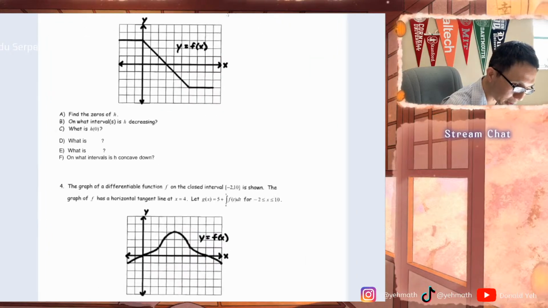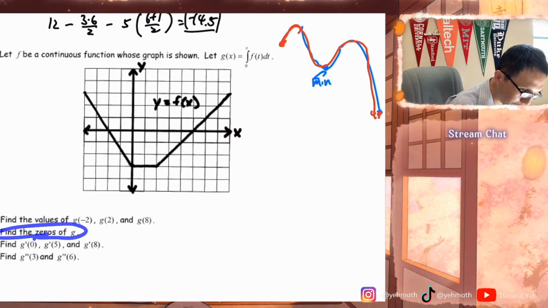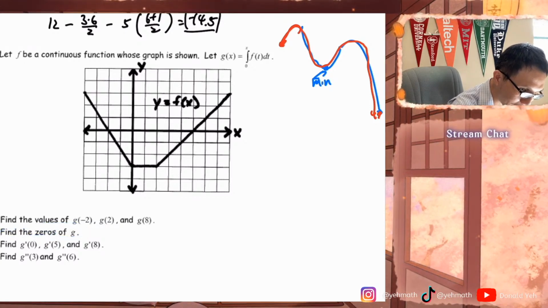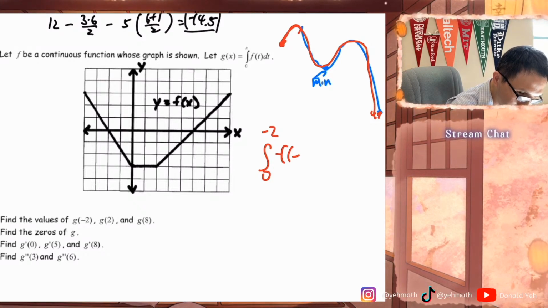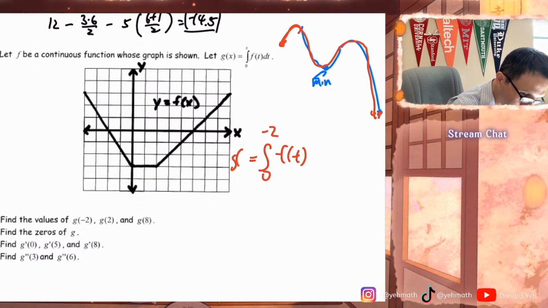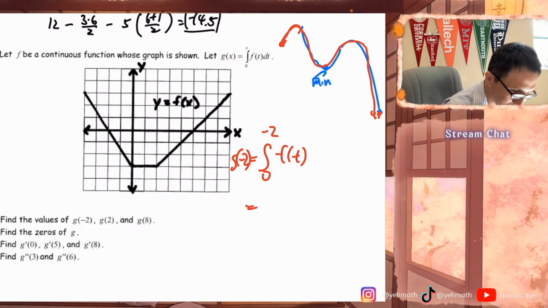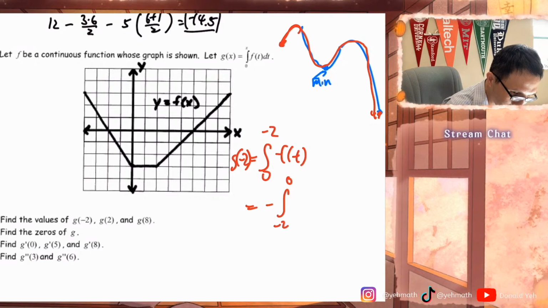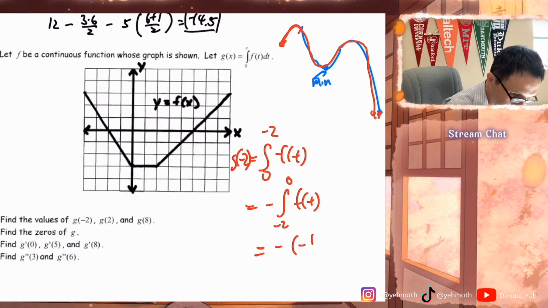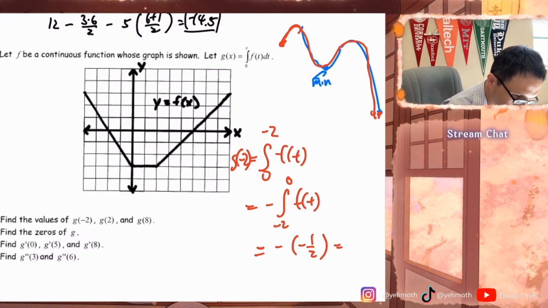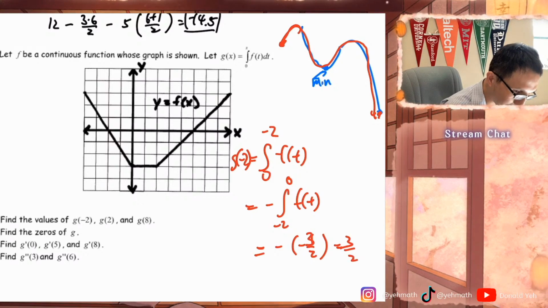Also, this question we had talked about last time. A lot of people got confused. Find the 0 of g. And hopefully, students start to understand that the integral from 0 to -2 of f of t equals g of -2. This one is equal to what? Negative the integral from -2 to 0 of f of t. Since it's negative half, so it's actually positive 3/2.